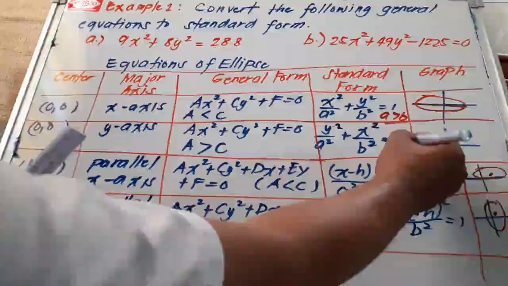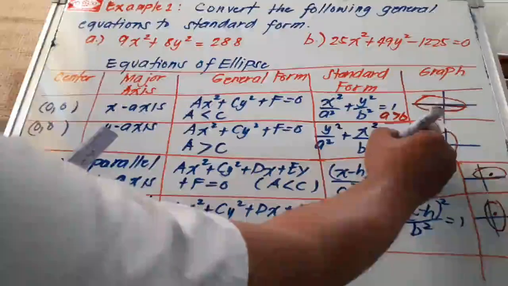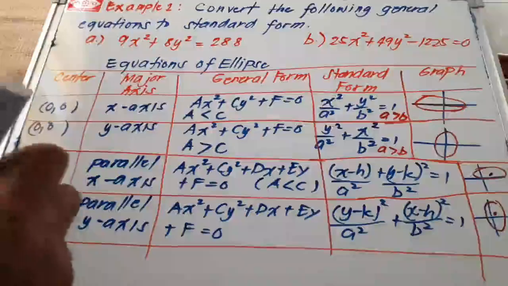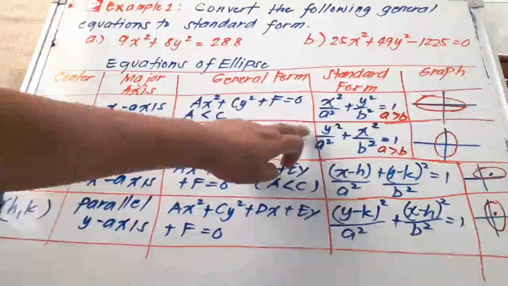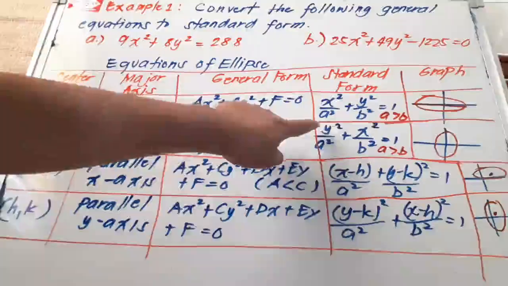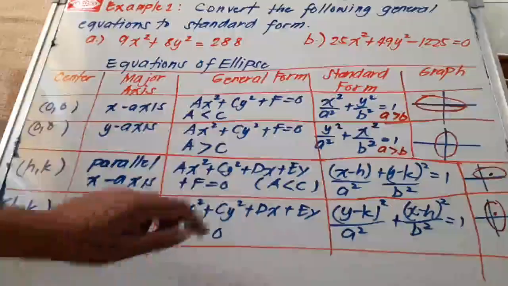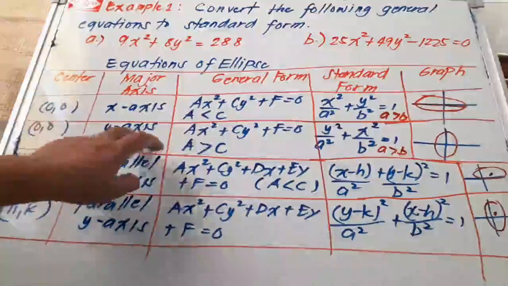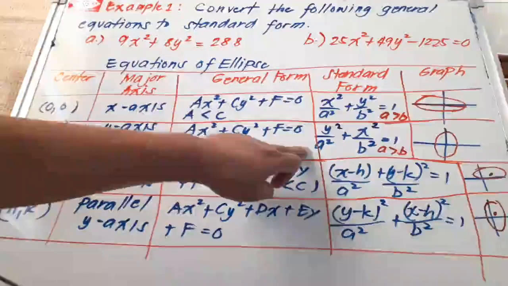So if you're going to notice, compare natin yung dalawang standard forms na yon. Ang nabago lang, nag-interchange lang yung numerators of these two rational expressions natin. Yung a squared from this equation is the denominator of y squared.